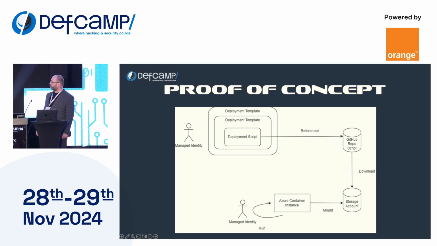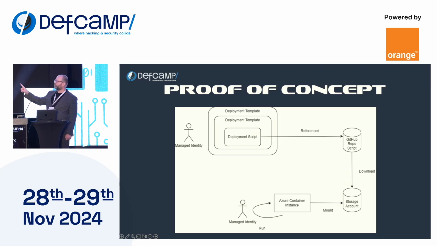This is a picture just to summarize and visualize what's going on. When I do the remediation task, I will need a managed identity, and there will be a role assignment because the managed identity doesn't necessarily have the permissions. There will be a nested deployment template that will contain the deployment script.